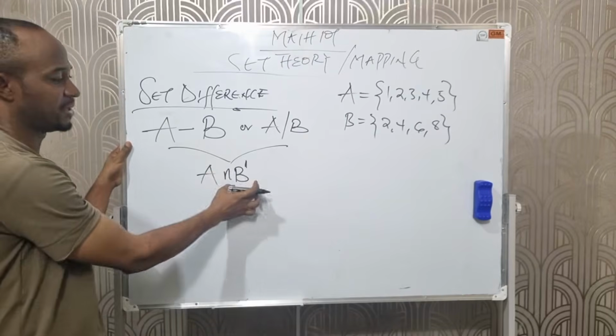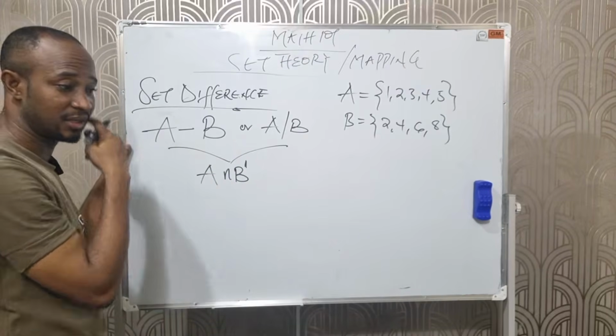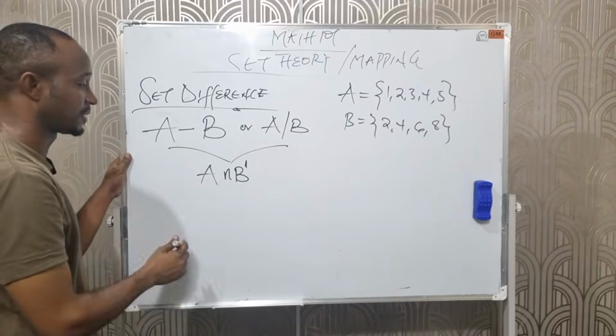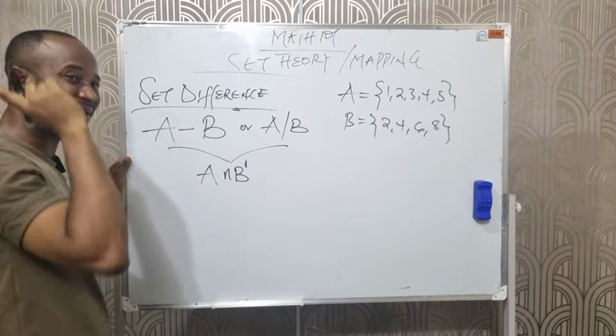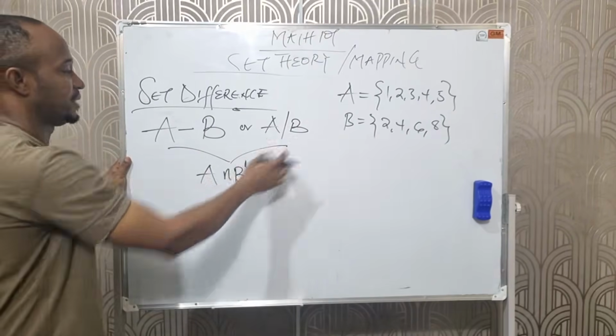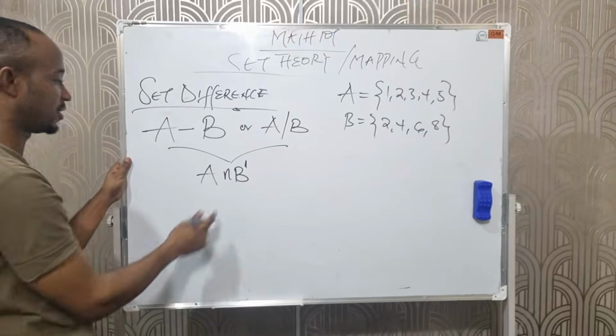After this, I'm going to explain what is the complement of a set. Although some of you already know this, just take note that A difference B can also be represented as A slash B or A intersection with B complement.